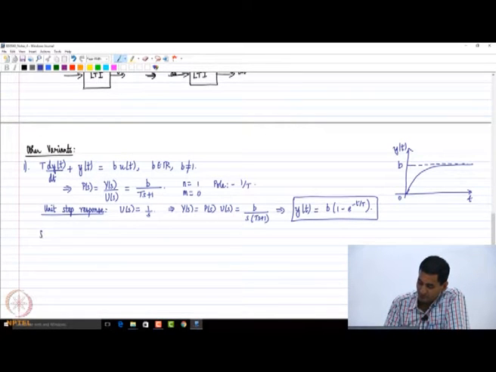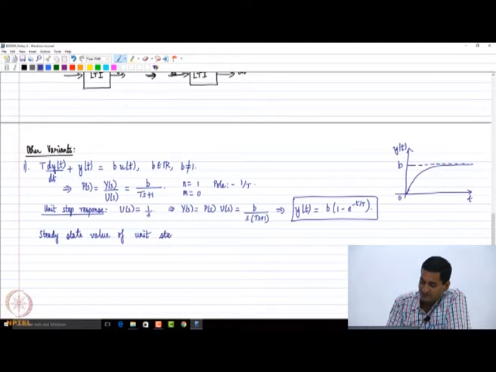But there is another way in which you can find the steady state output. Suppose you want to find the steady state value of the unit step response, you can also use the final value theorem. What does the final value theorem tell?